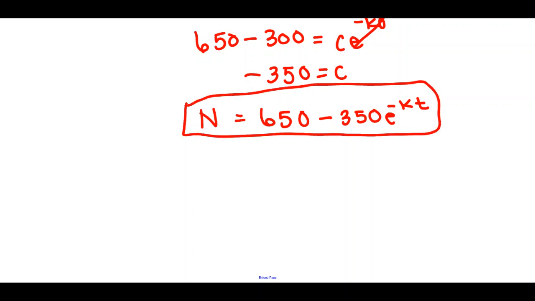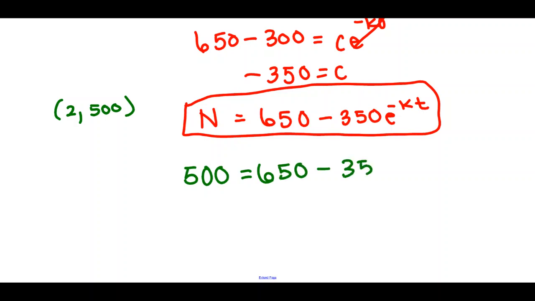Now we're going to use the second condition they told us, which was for t equals 2, N is 500. And we're going to use this to find our rate. So 500 equals 650 minus 350 e to the negative k times 2.